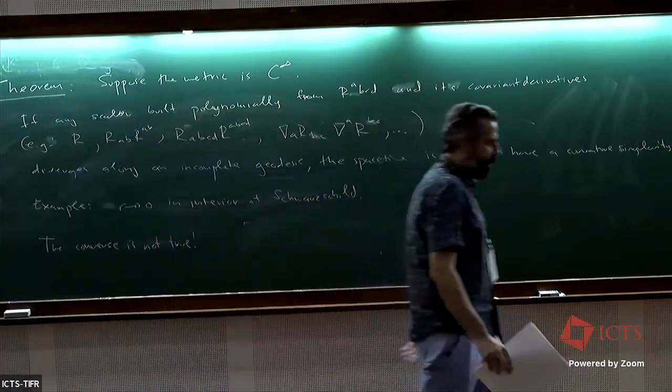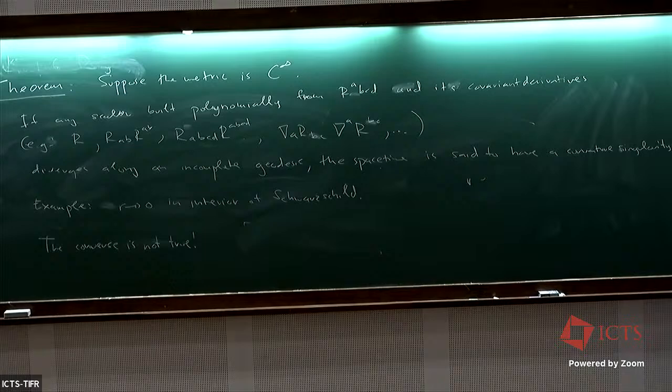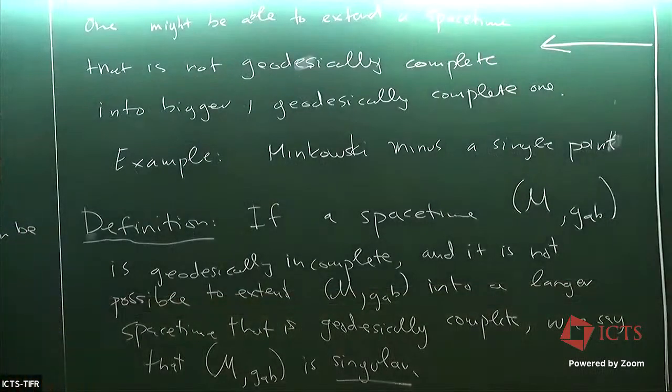The fact that we've seen that at r equals 0 in Schwarzschild you have a curvature singularity is enough for us to infer that this is a singular spacetime by our broader definition, right? But I can have a spacetime that has no curvature singularity. In fact, I can have a spacetime where the curvature is 0 and it's still singular.